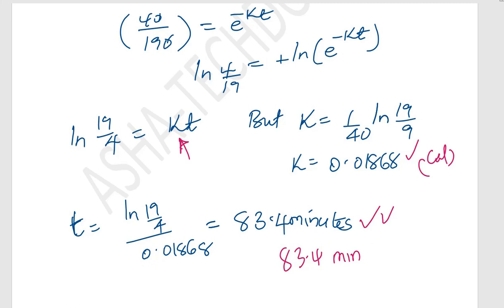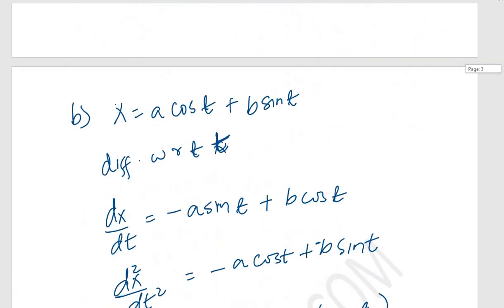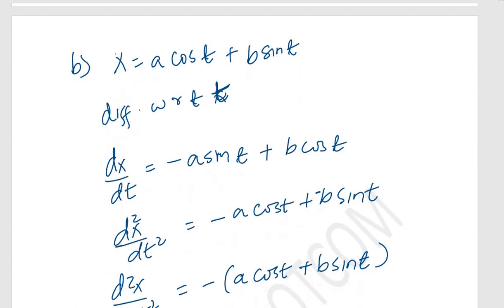Okay, let's look at another part of this question, which is B. It is given that x is equal to a cos t plus b sin t.